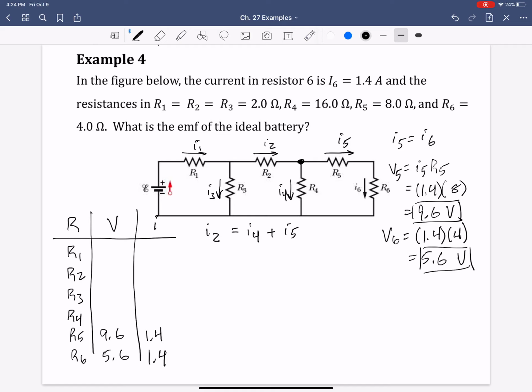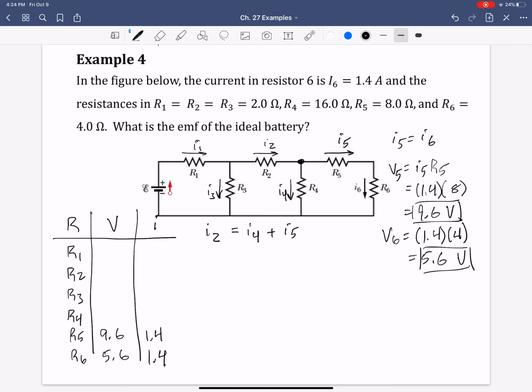We need a way to find either I2 or I4. We don't know the current for those yet. However, the voltage for parallel segments of the circuit, for instance that one and that one, are the same. Right? Voltages for circuit paths in parallel are the same.